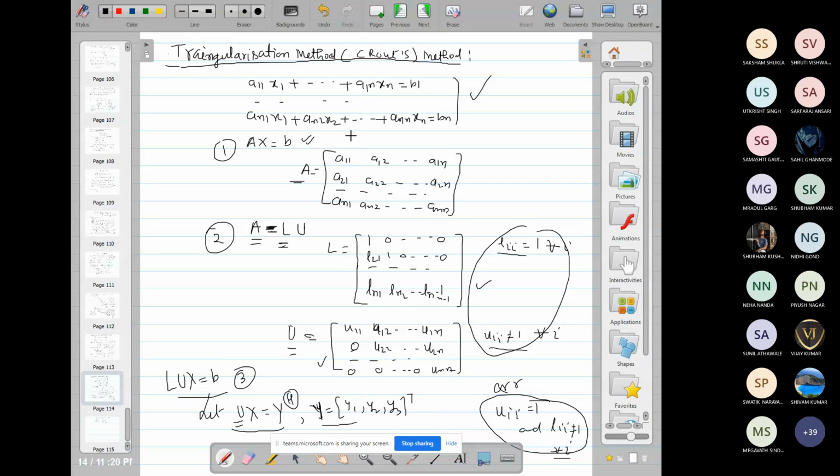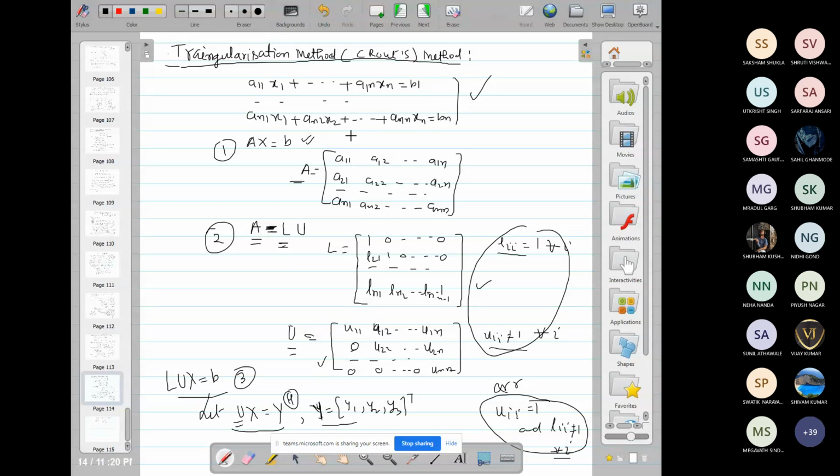The triangulation method has a limitation. It is not applicable to all systems of linear equations. If we apply this method to any system of linear equations, it is not true that we always obtain a solution. It depends upon whether the coefficient matrix is positive definite or not.